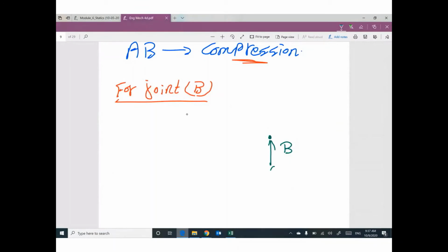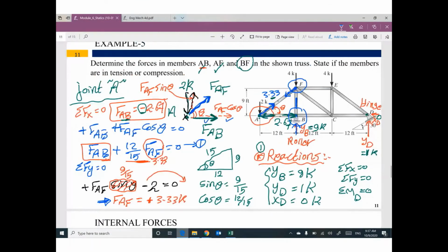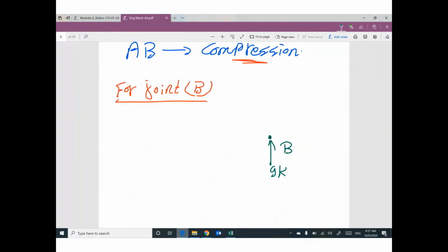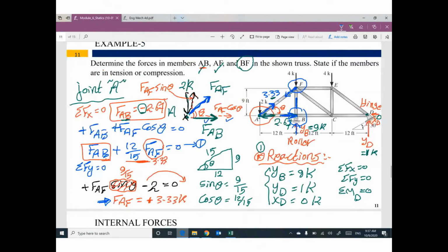Okay. What else? We have a member from this side. How much? You know it? Yes, I know, 2.67. Positive or negative? I don't care. We have this direction, 2.67. My concern is direction and what is the value. We have a vertical member here, BF.